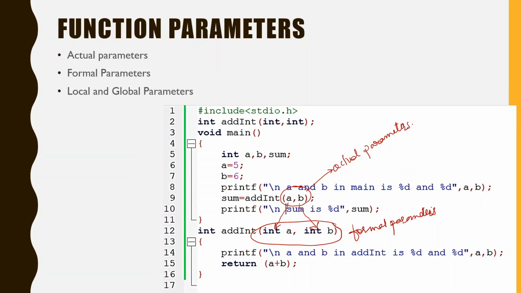And you have to note that in every function the number of actual parameters should be equal to the number of formal parameters, and they also have to be of compatible data types. So these are the two concepts that you have to remember. The number of actual should be equal to the number of formal.